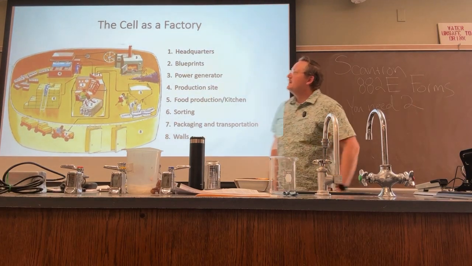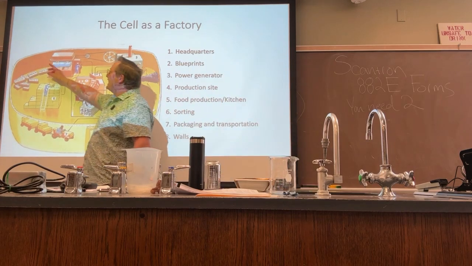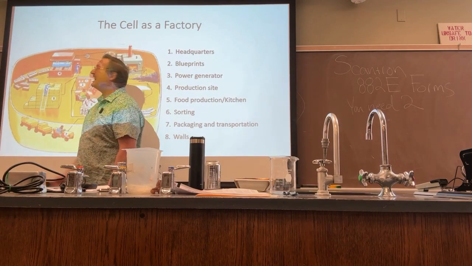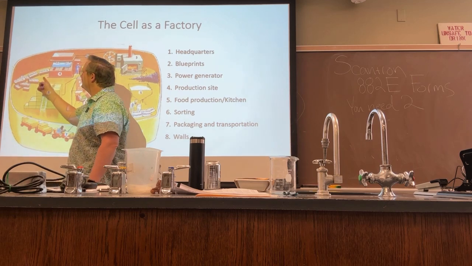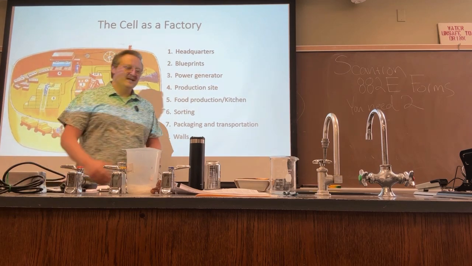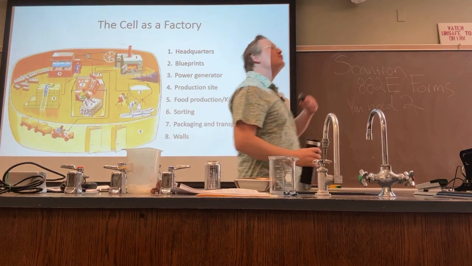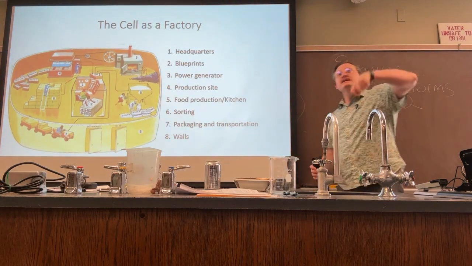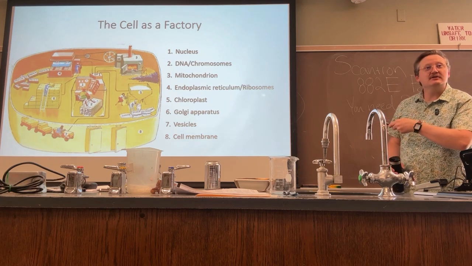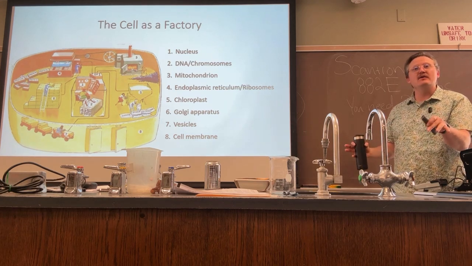Then you need a separate site that actually produces the product. In this case, it's proteins. These are just boxes that say proteins on them. And the protein-producing machinery, the ribosomes, are the key component here.